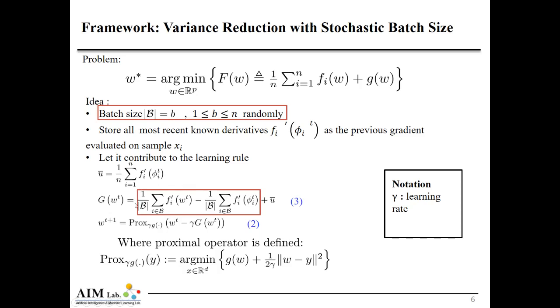Instead, take average sum of the new derivative term minus average sum of all derivative on chosen sample.